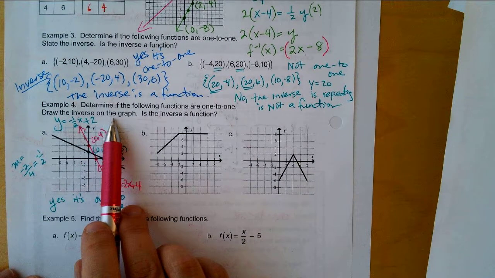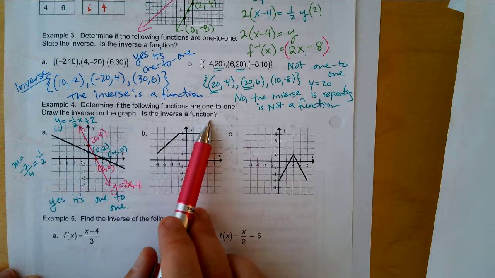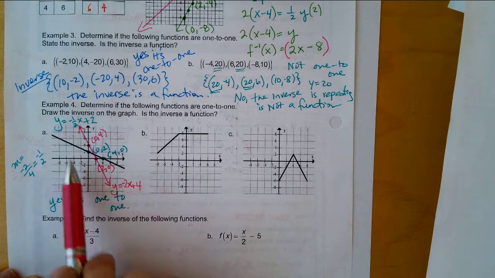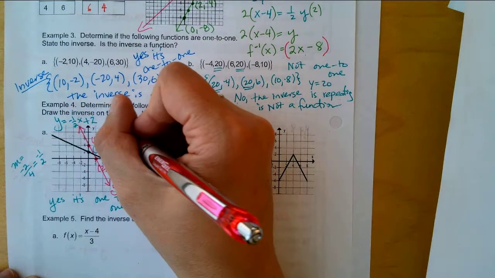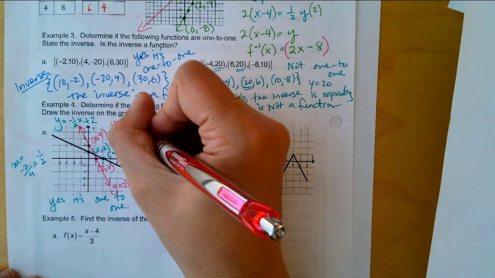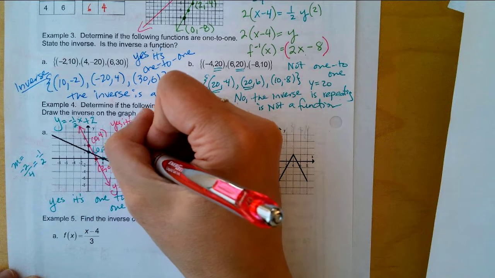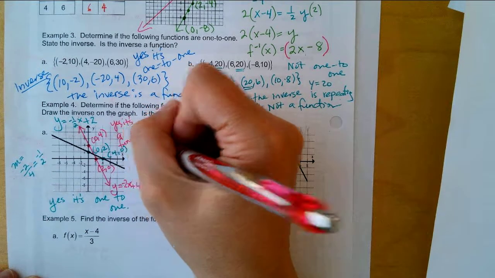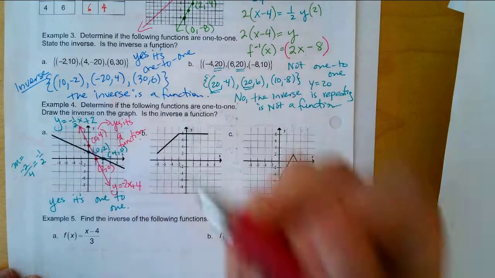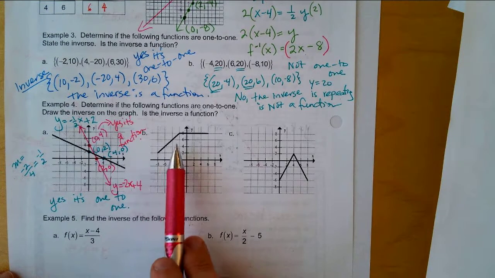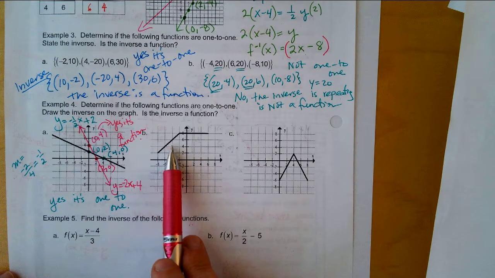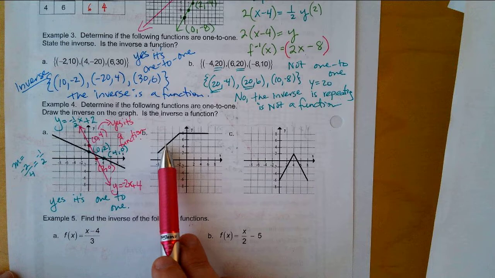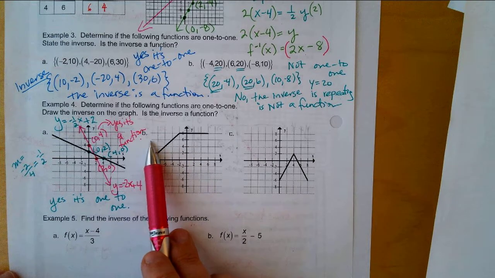So draw the inverse on the graph. Is the inverse a function? Here we drew the inverse. Yes, it's a function. The inverse is. Okay. Now let's look at this one. Does this one pass the horizontal line test?